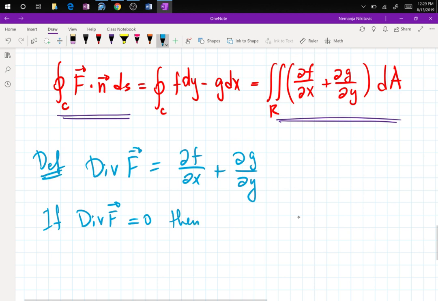Then the vector field F is source free. So we learned yesterday that the flux will give you the value 2 pi on the radial field.